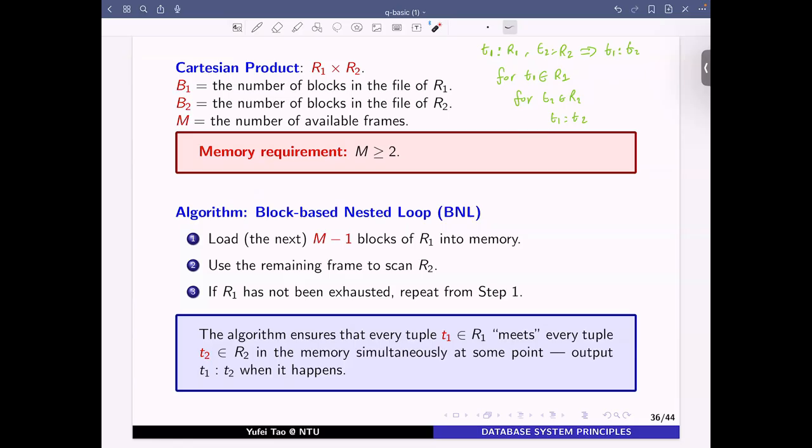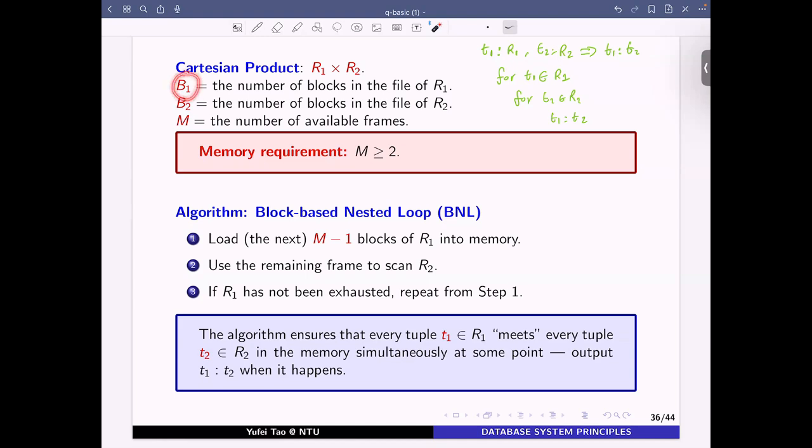We're going to talk about this algorithm, and this algorithm is very important. So I really want you to give me your attention. I'm going to need several parameters to describe the I/O cost.